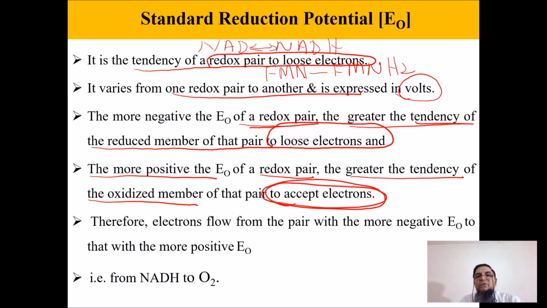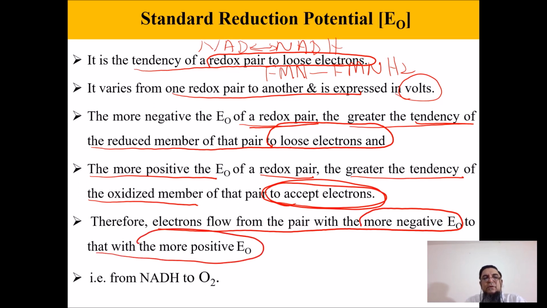So the more negative, lose electron; the more positive, accept electron. Therefore, electron flows from the pair with the more electronegative potential to the more electropositive. This means that it will move from NADH to oxygen.